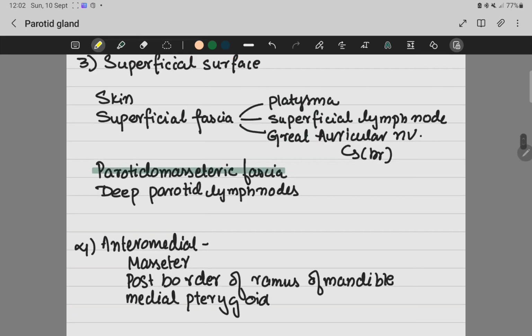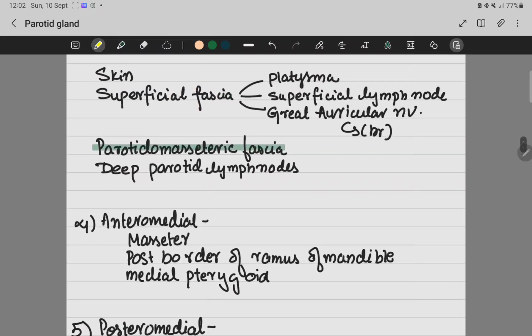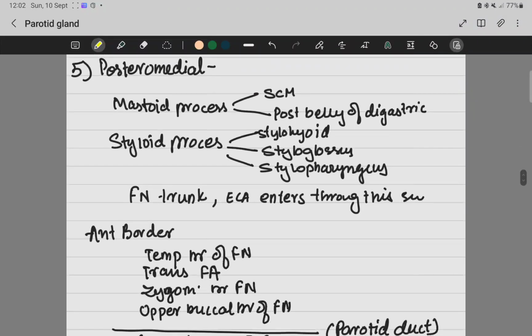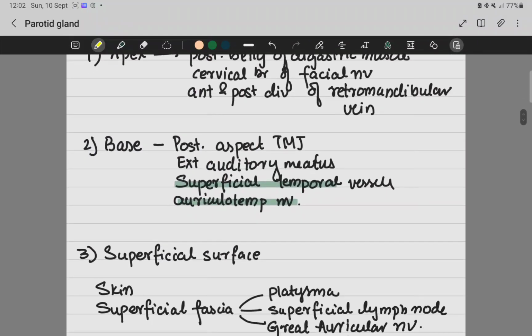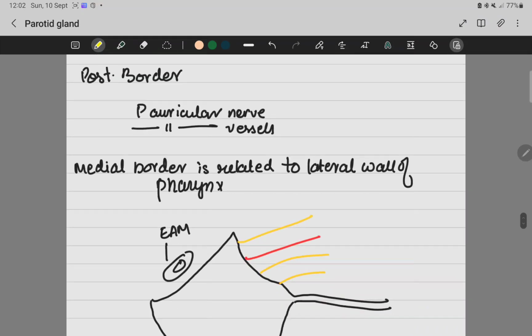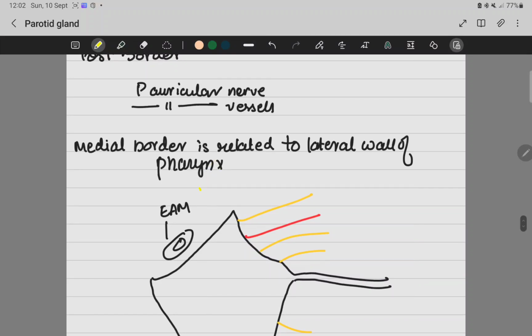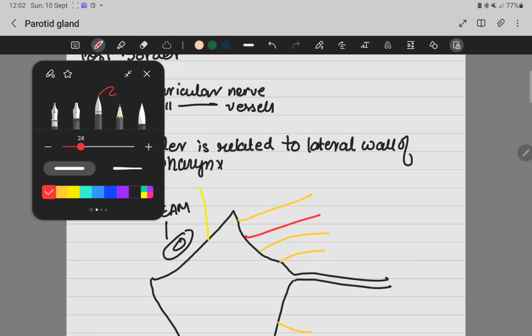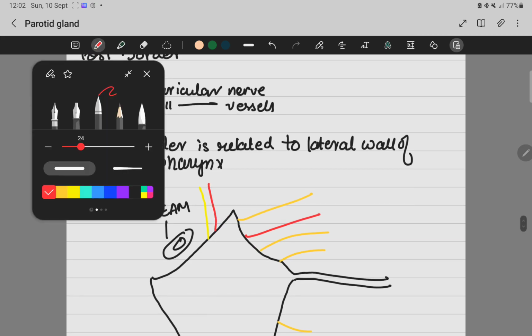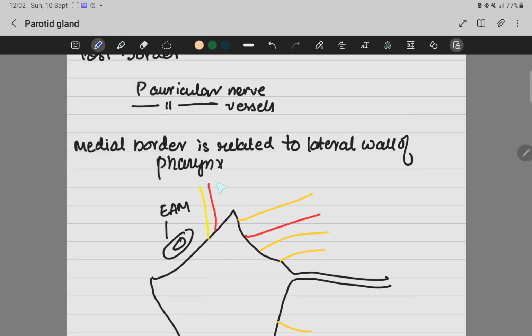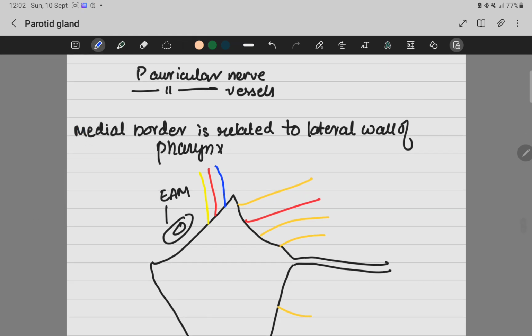and then the base was related to the superficial temporal vessels and the auriculotemporal nerve. So we have the auriculotemporal nerve over here, and this is the superficial temporal artery and the superficial temporal vein.